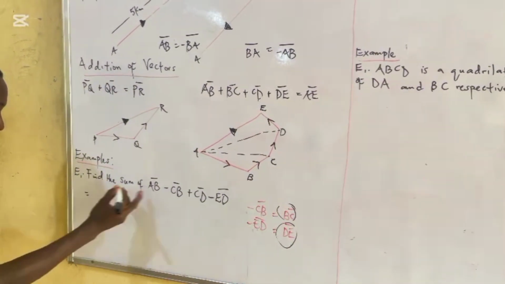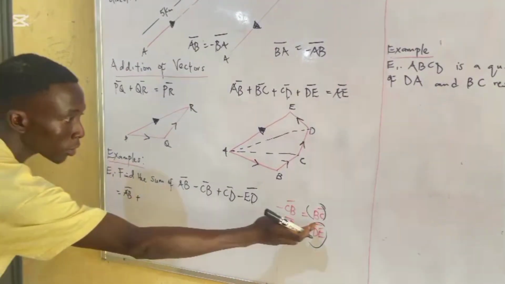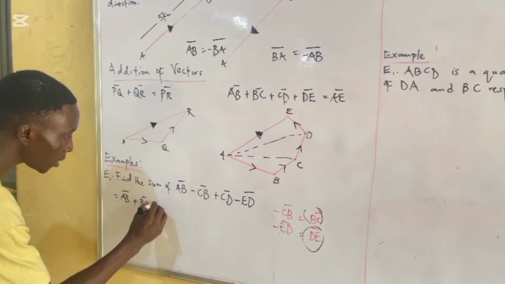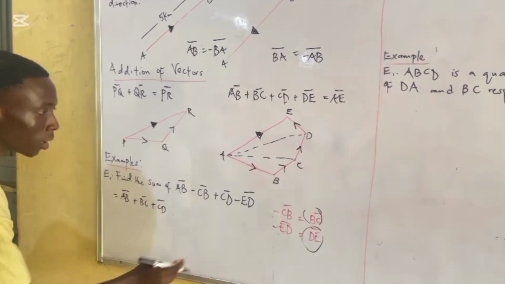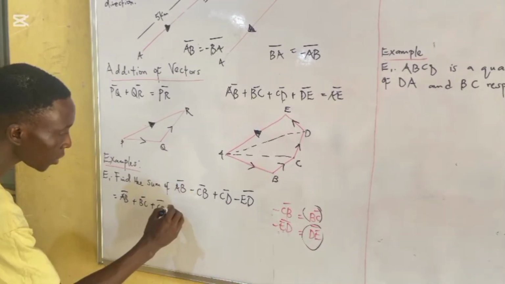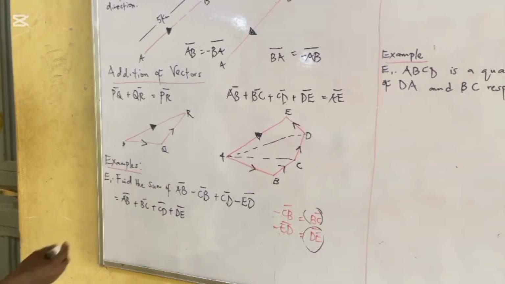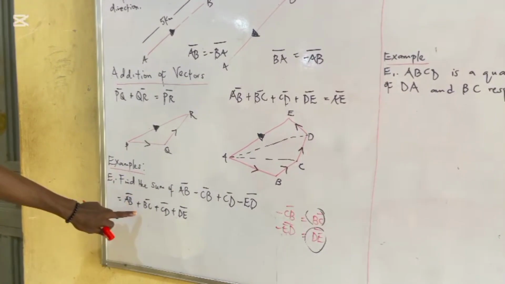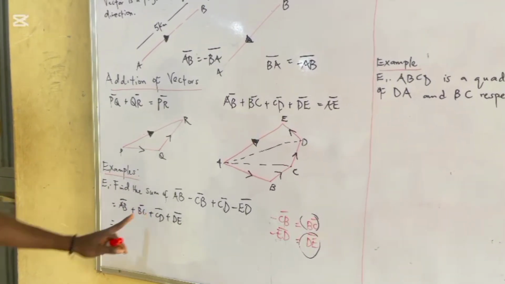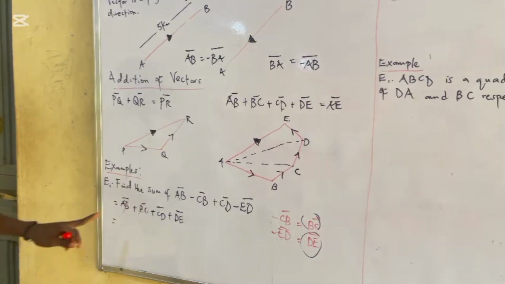So here we'll be having vector AB plus what? Vector BC plus vector CD, and minus ED is now what? Plus DE. So here we can solve for that. When you have vector AB plus vector BC, it will accumulate to what? AC. Just notice that this cancels, and you have AC.